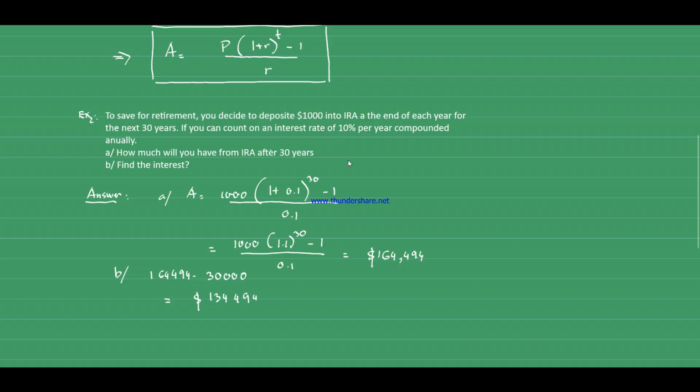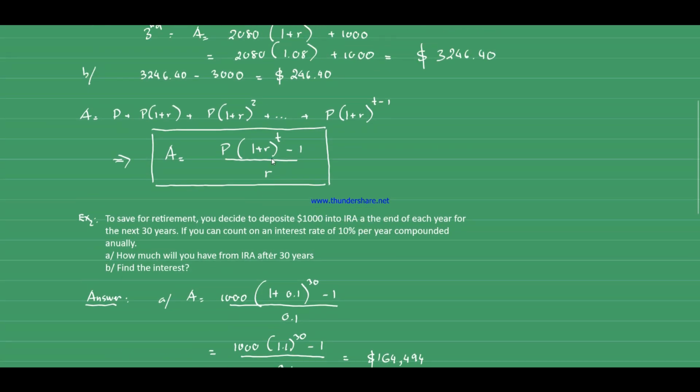So it's very easy to go ahead and calculate based on the formula. This is the annually compounded formula. I'm going to write it over here: annually compounded. Now what if it's compounded monthly, or daily or something?